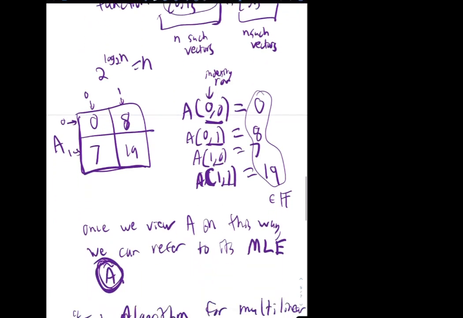You can think of the first log n variables, if they were to take Boolean values, as indexing a row of the matrix, and the second log n as indexing a column of the matrix. So A twiddle is a 2 log n variate polynomial by definition.